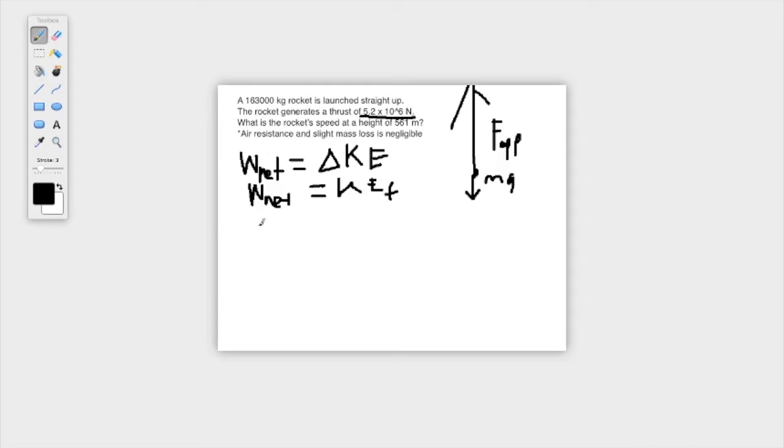That would be 5.2 times 10 to the 6 minus mg, so that's 163,000 times 9.8.